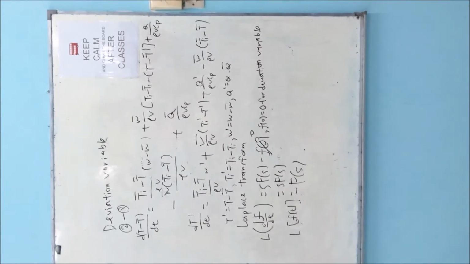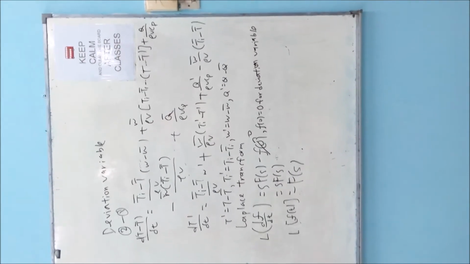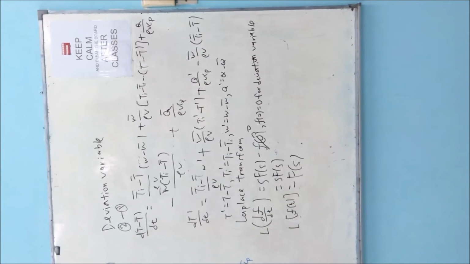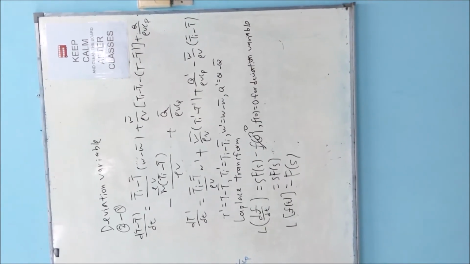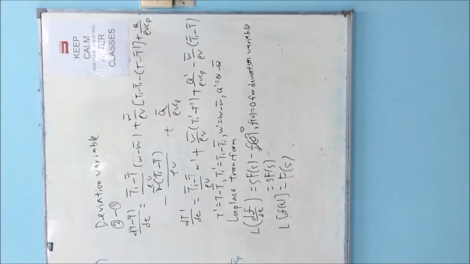Here you can see that the part up to q over rho v c_p is from the dynamic equation, while the rest, which is minus w bar over rho v times (t_i bar minus t bar) plus q bar over rho v c_p, comes from the steady state equation.